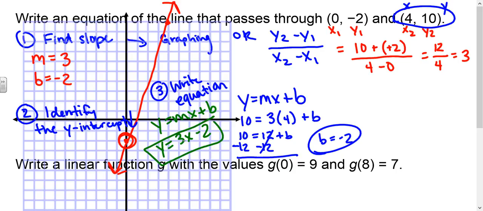Now you could have gotten that from the very beginning, but I wanted to let you guys know how to use this formula in case you come up with some that aren't so lucky where the y-intercept is not given to you. Okay, now I'm going to clear all of this out so we have some room to work out the next problem.